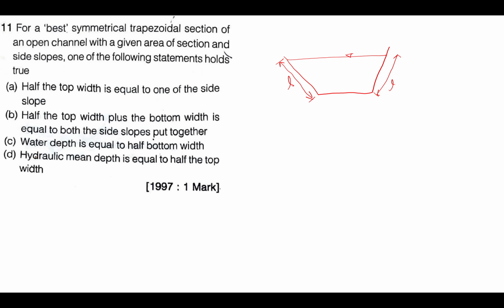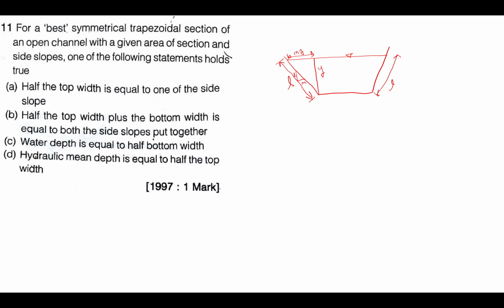If the slope of your channel is such that if you go 1 meter up, your horizontal width will be M. If this is depth Y, then this much width is My, by the triangle rule.